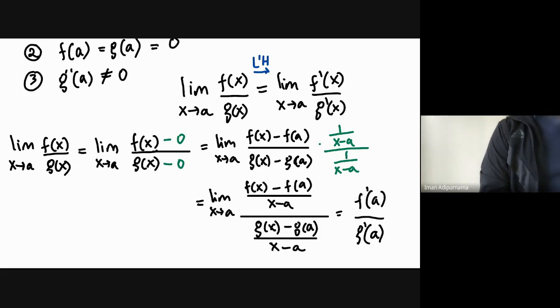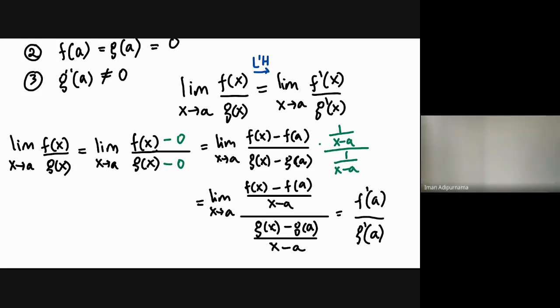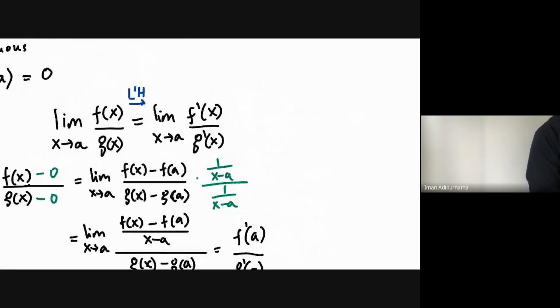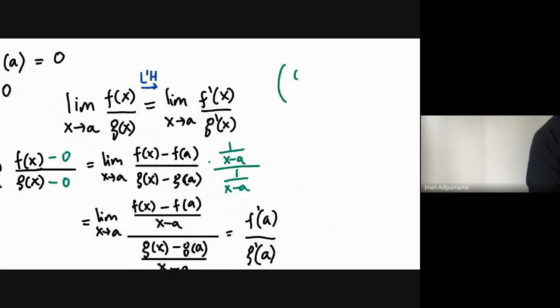Okay, the next one we will do some elaboration. This is what we call the 0/0 problem. So when you try to put a into the function, it will have a 0/0 situation, and that's why you can do the L'Hopital rule.